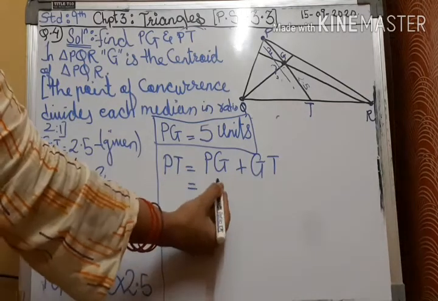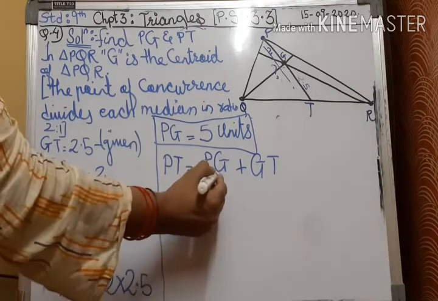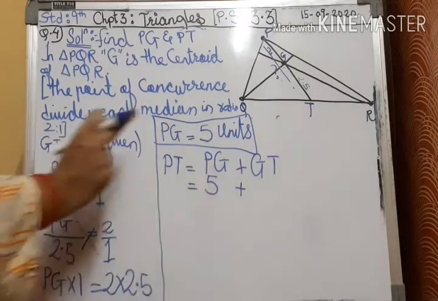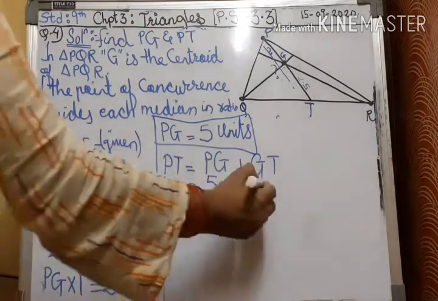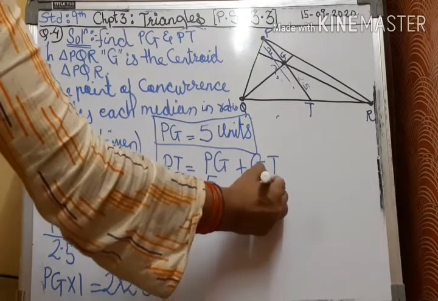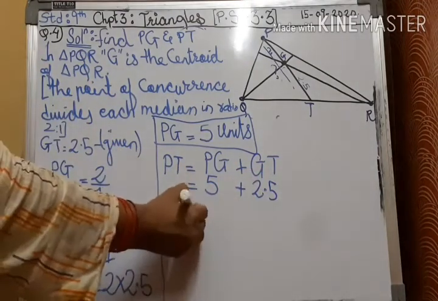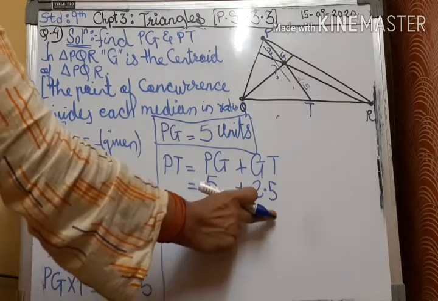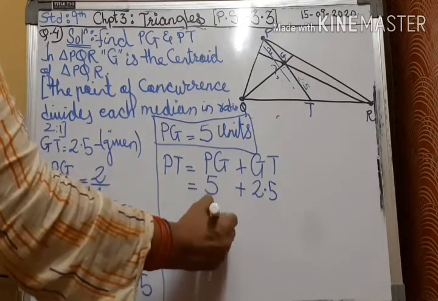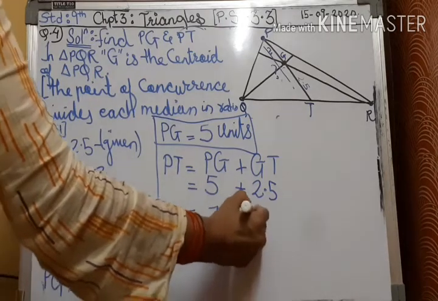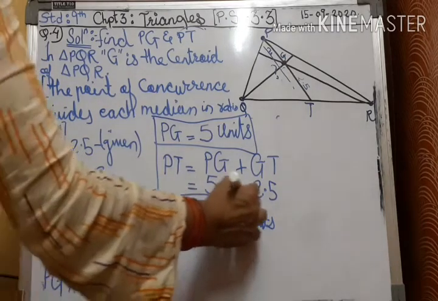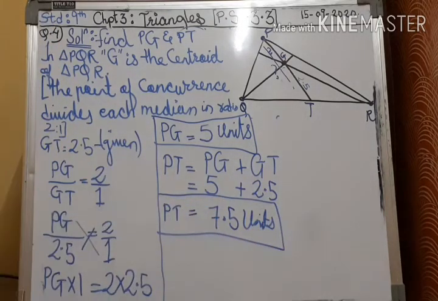PG we have 5 units, so we will put the value of PG, plus GT we have 2.5 units. If we add up both the numbers, 5 plus 2.5, we will get 7.5 units. This is the value of PT. So here our question number 4 has been completed.